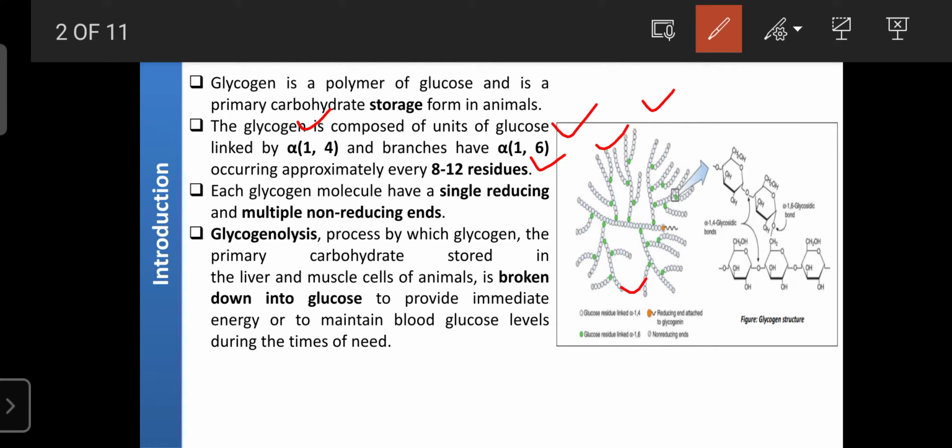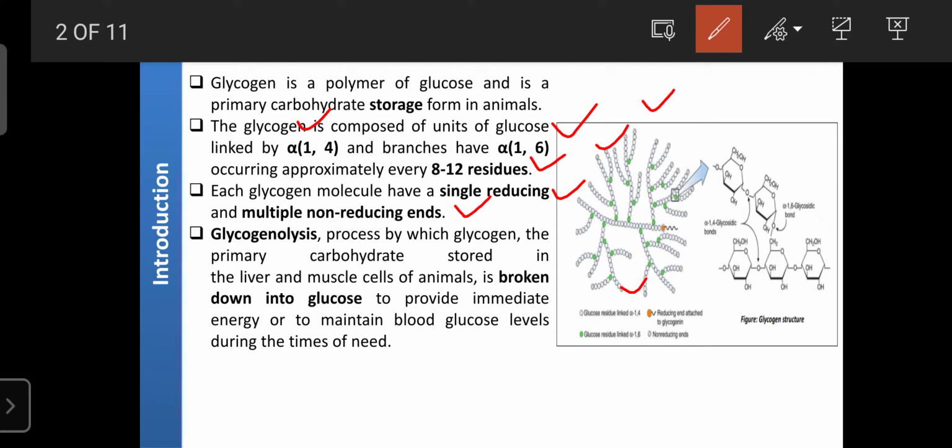Each glycogen molecule consists of a single reducing end and multiple non-reducing ends.